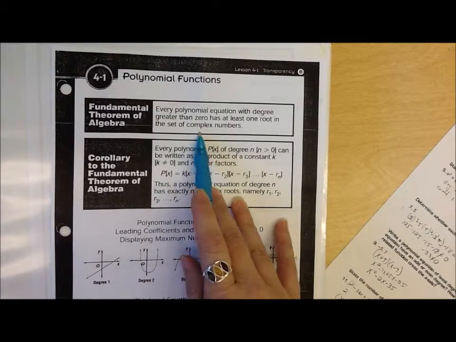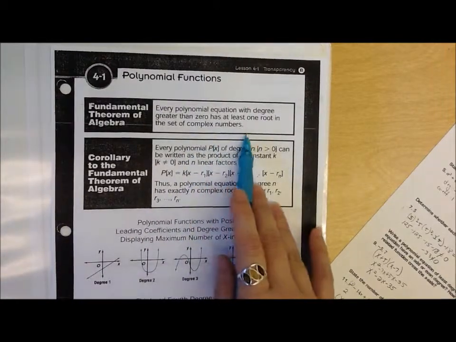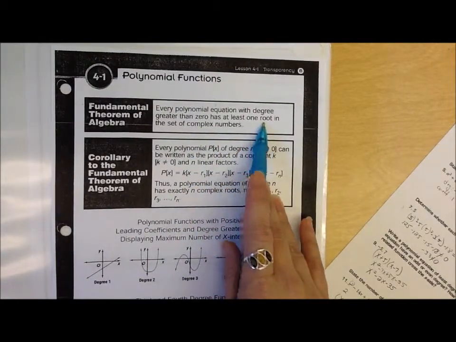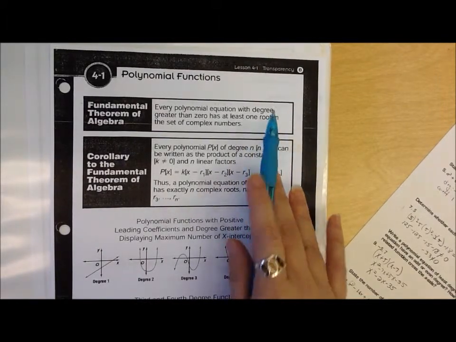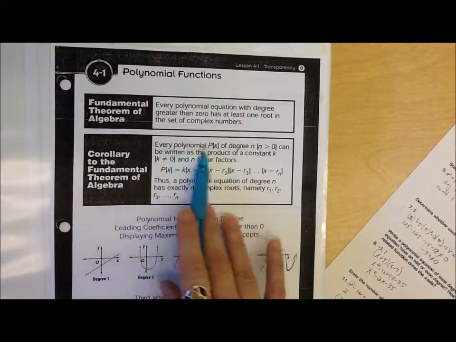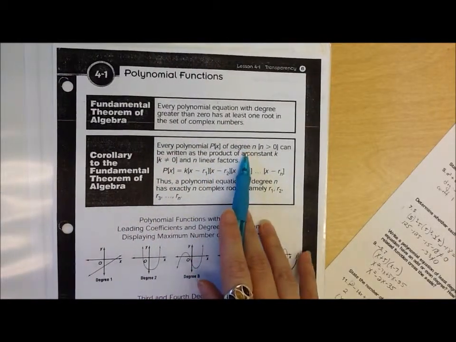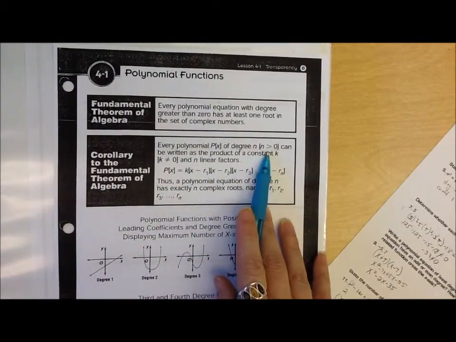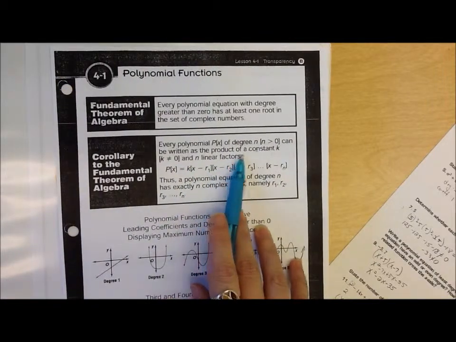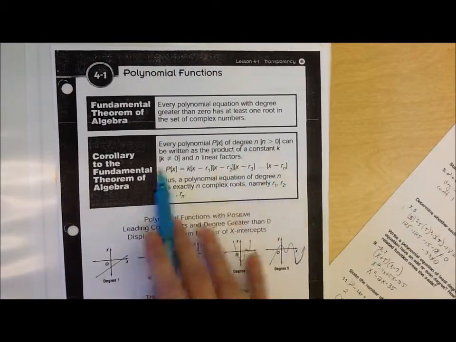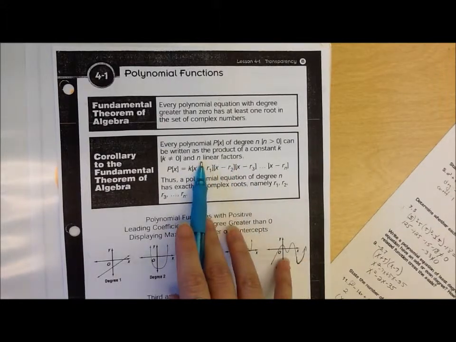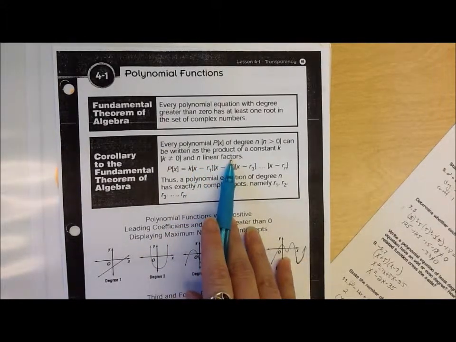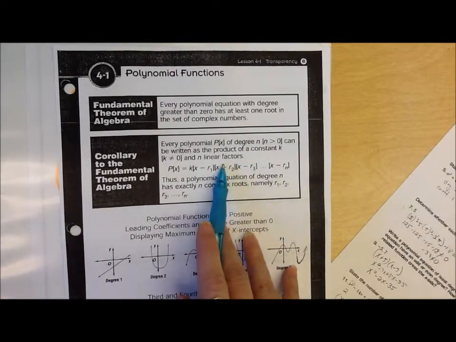Complex could be real or imaginary, and the slightly confusing thing about roots is you can have double roots, but every polynomial p of x of degree n, where n is greater than 0, can be written as the product of a constant k, which is not 0, and n linear factors. So linear factors, remember, that means degree 1, or x to the first power.